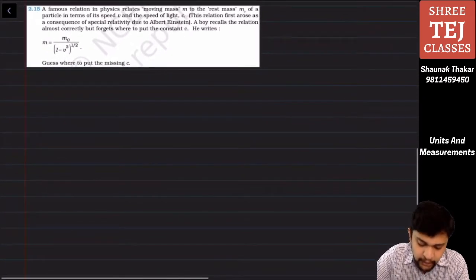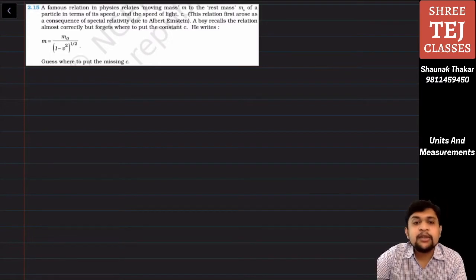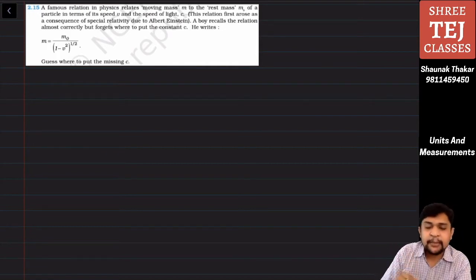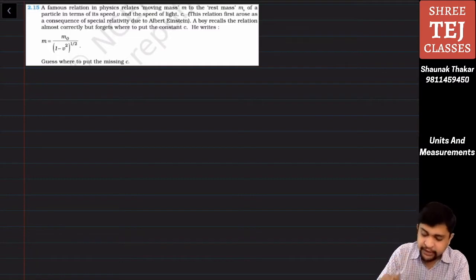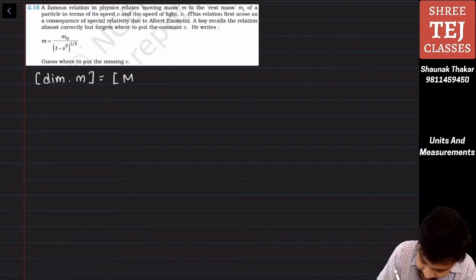Okay, so here we have a famous relation in physics of moving mass m to the rest mass m naught of a particle in terms of speed v and speed of light c. So let us write the dimensions of the quantities that have been given to us. Dimension of mass m will be M raised to 1.